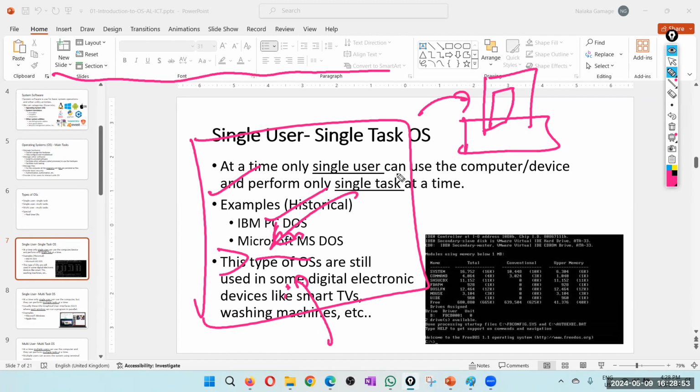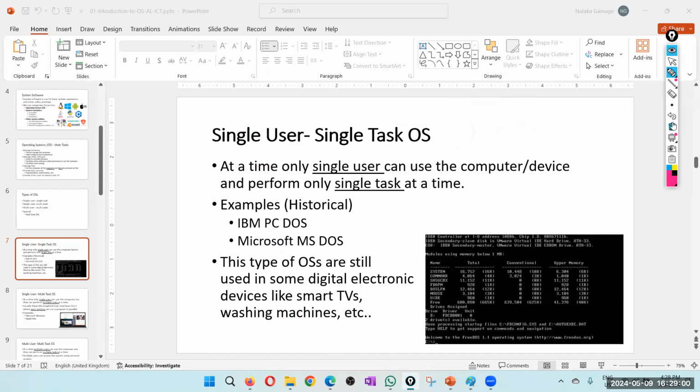So mainly the command line OSs. It doesn't mean that all command line OSs are single user, like Linux and Unix. They also have command line versions, but they are not single user, single task. But definitely PC-DOS and MS-DOS command line versions in the 1980s were single user, single task.